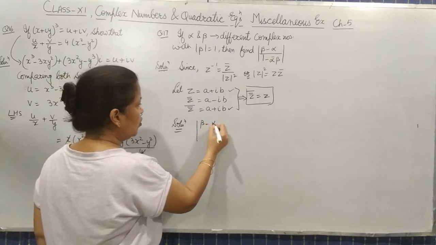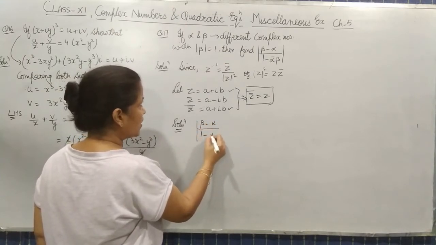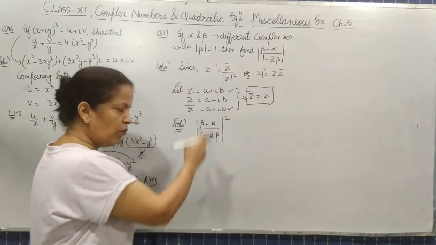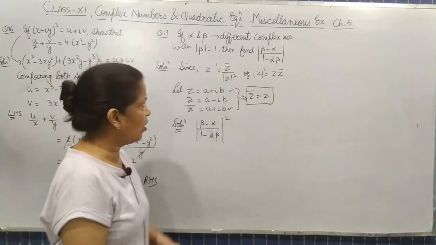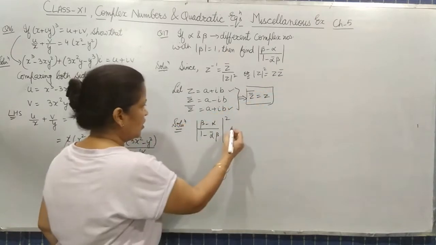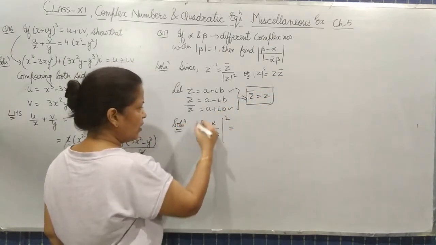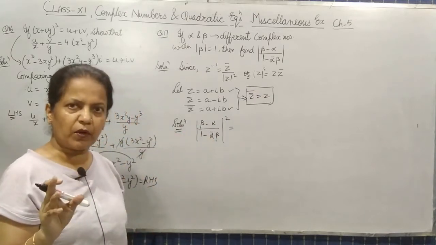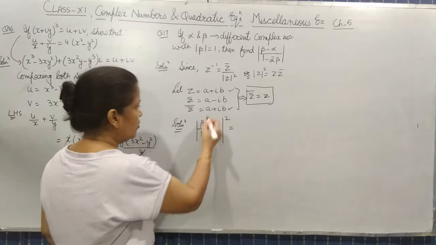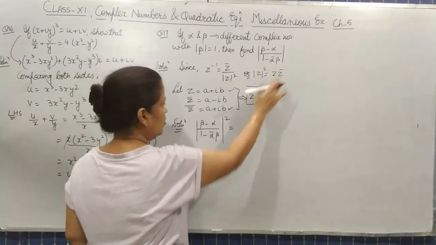Now we will do the solution. These two are different complex numbers, so the mod square of the complex number will be equal to z into z bar. So this whole thing is your complex number because these are two different complex numbers. So z into z bar.